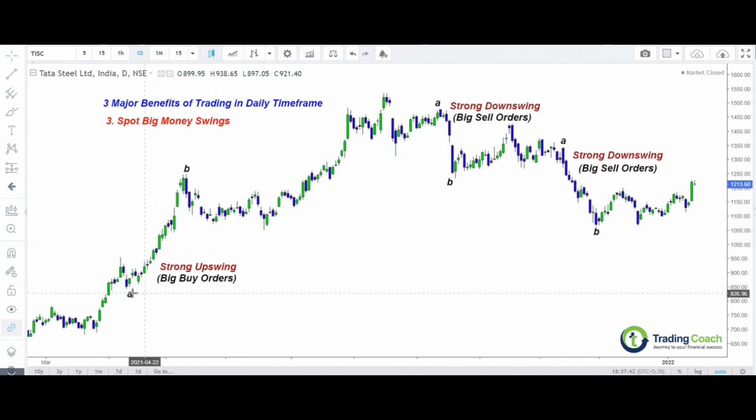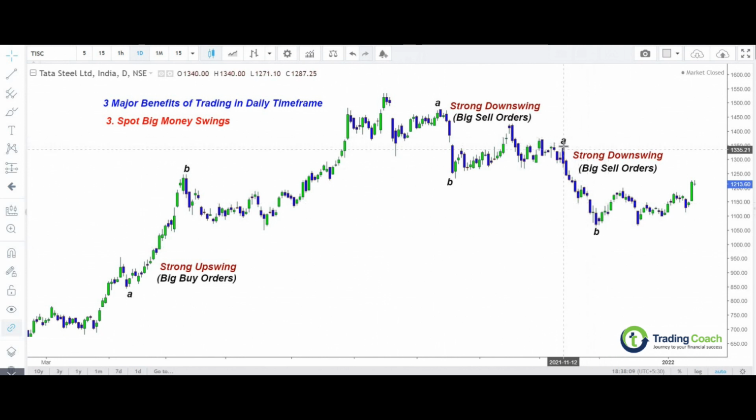So as you can see the markers over here, from point A to point B, exactly on the left side of the chart, we can see a strong upswing, and this particular upswing usually indicates some big buy orders coming into the market. And likewise, exactly on the right edge of the chart, you can also see some strong downswing which indicates big sell orders coming into the market.